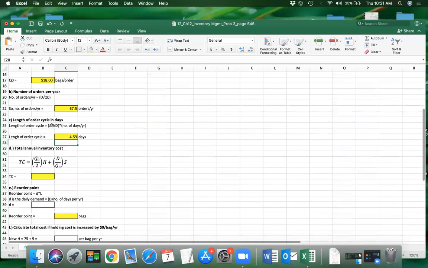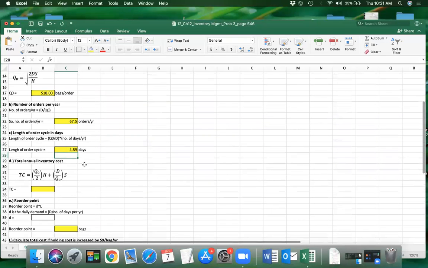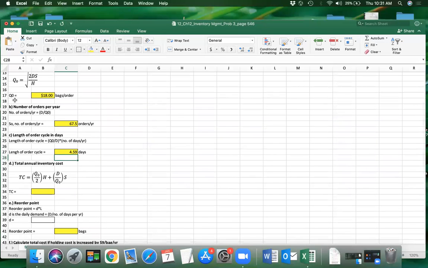Now with these details, can we find the total annual inventory cost? As I said, since we are using economic order quantity, whatever cost we find will be the minimum cost. Economic order quantity will always give you the minimum total cost, and as you know, at the economic order quantity, both holding cost and ordering cost are equal.